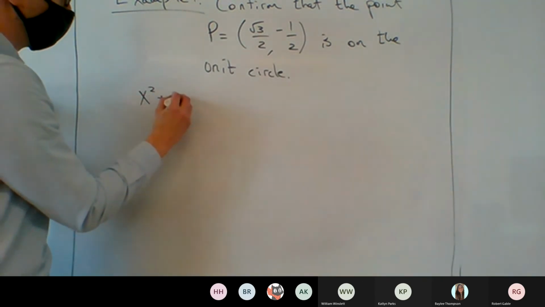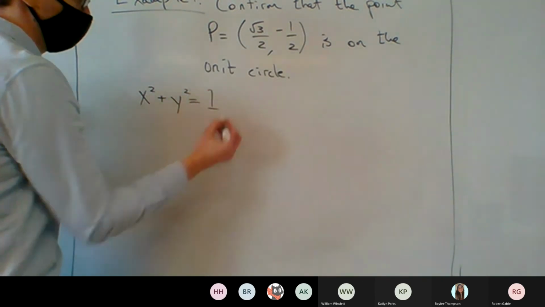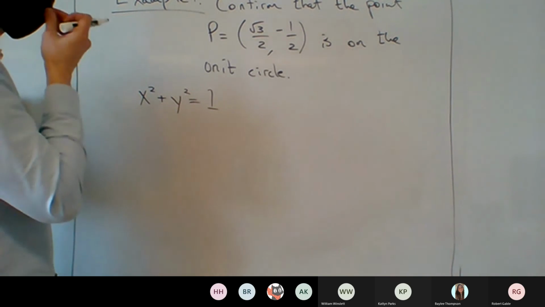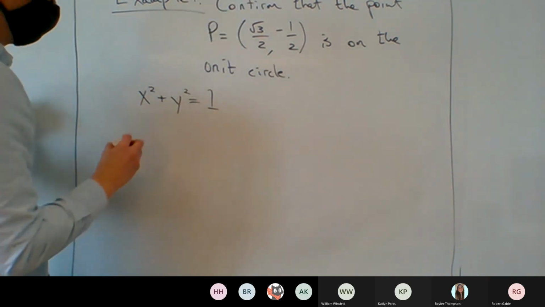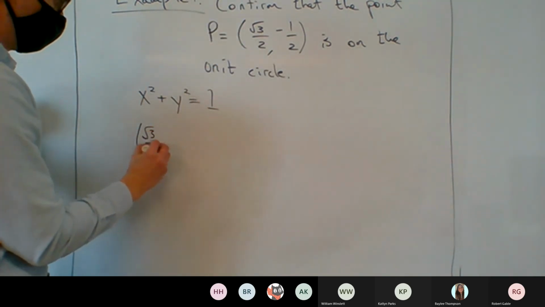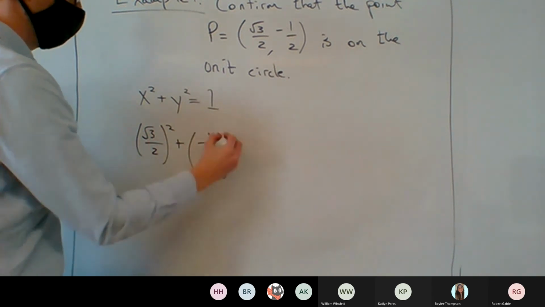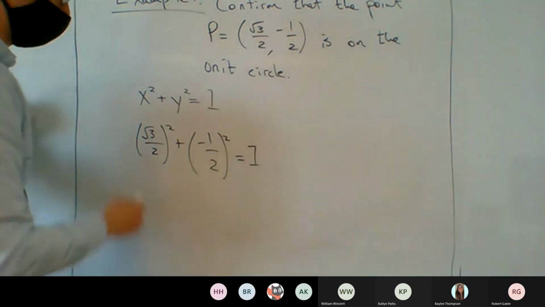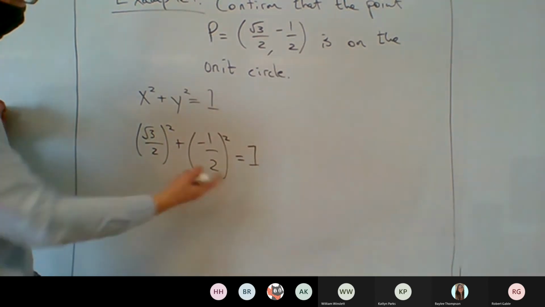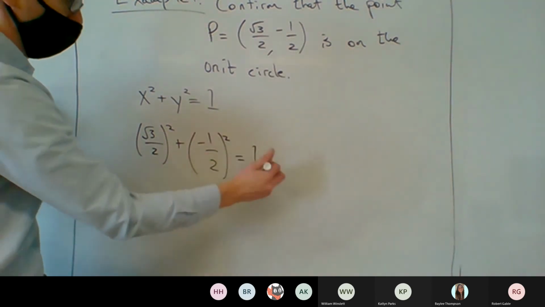I just plug in the point and confirm that I get equality. So x is square root of 3 over 2, y is negative 1/2. When I square both of these and add them up, I should get 1.